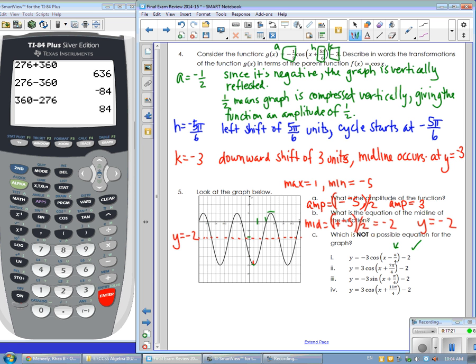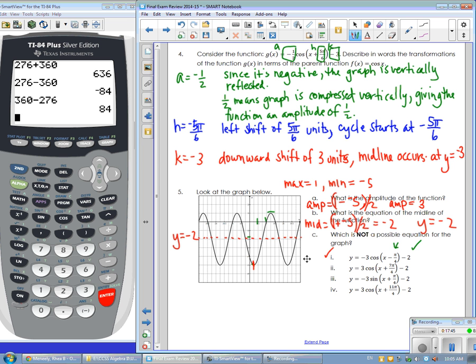And I can see that my function starts down here. That tells me that because it's starting at the bottom instead of at the middle, this is a cosine function. And since it's starting at the bottom, I know that it's got to be reflected. So this equation, y equals -3 times the cosine of x minus pi over 4, minus 2, works. That is a correct equation.